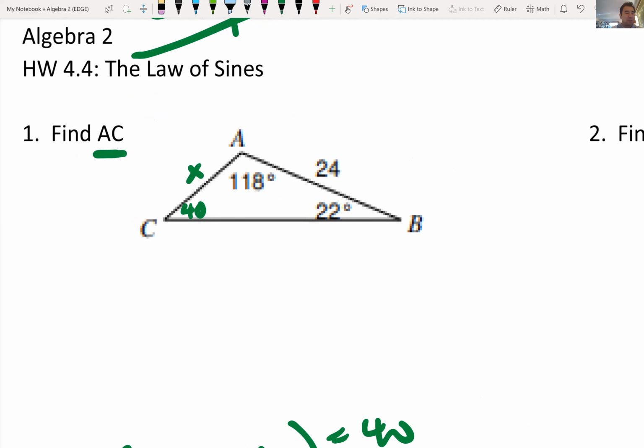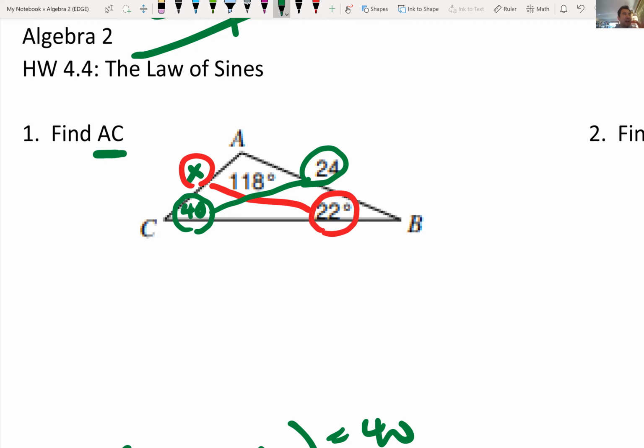Now, do we have 2 pairs? And we do. One is, as we said, 22 and X. That's 1 pair. And then what's the other pair? The other pair is this 40 and 24. Now you've got the 2 pairs. Now you can set it up.